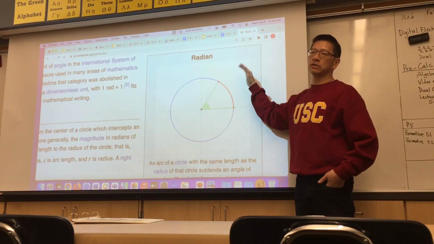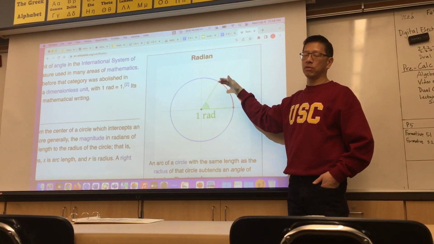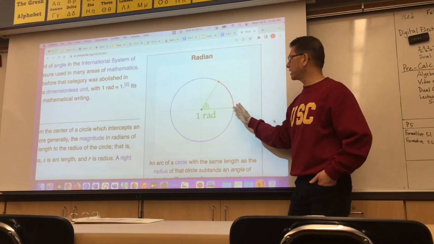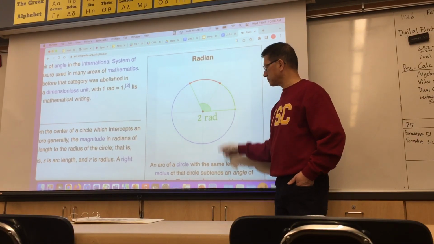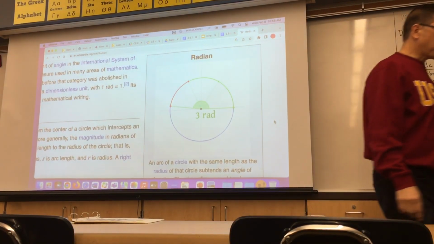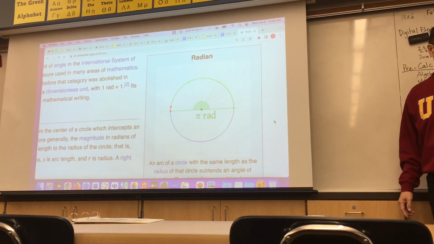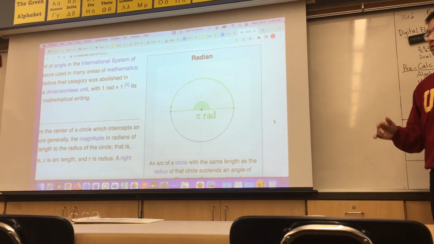So for some of you, this might make a little more sense as to what a radian is. A radian is such that the arc length is the same as the radius.